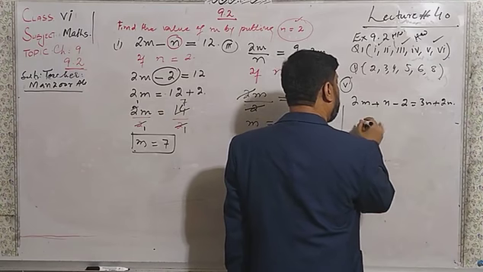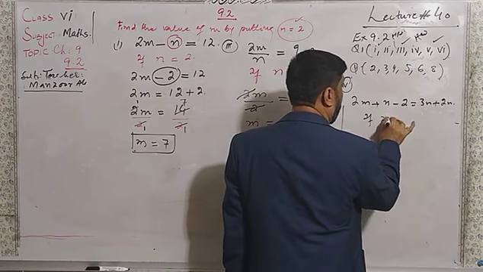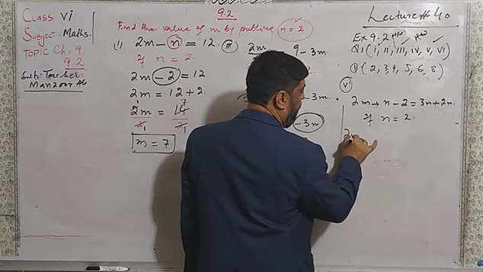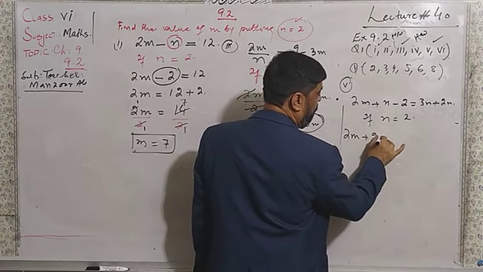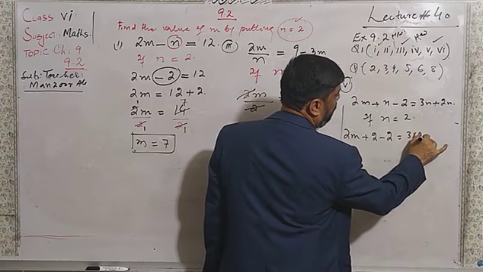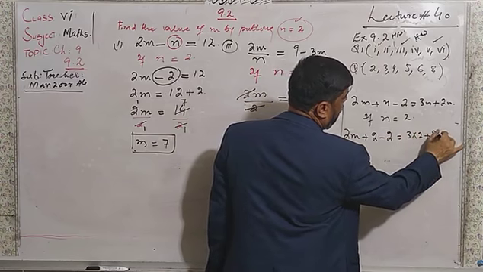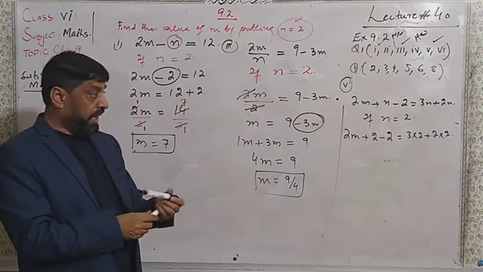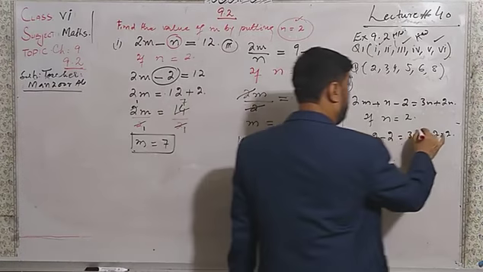But if you want to place the value, then if n is equal to 2, you will write here 2m plus 2 minus 2 is equal to 3 multiplied by 2 plus 2 multiplied by 2. This is after placing the value of n.